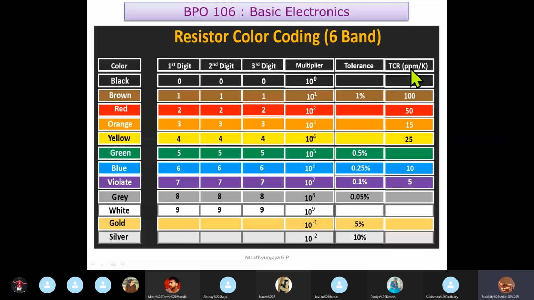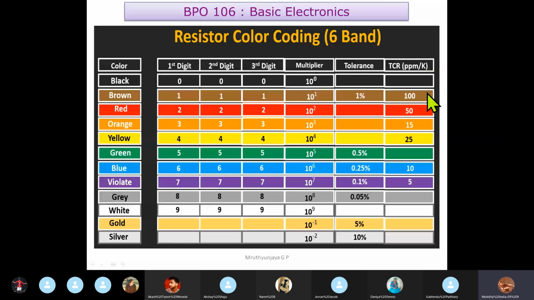So if you take the example of 1 megohm, which is 10 lakhs, and consider that this particular resistor having a brown band as its 6th band, apart from the tolerance, it can change its resistance by 100 ohms for every degree Kelvin change in temperature.